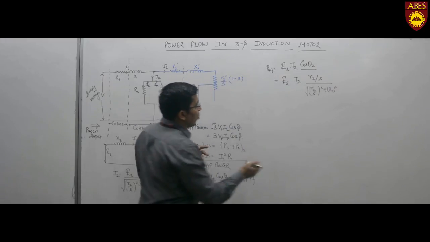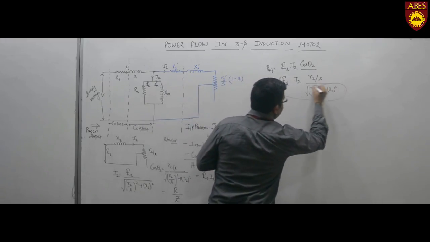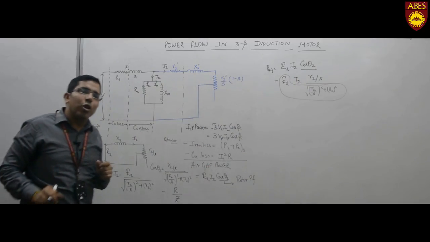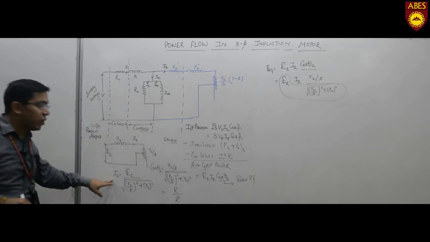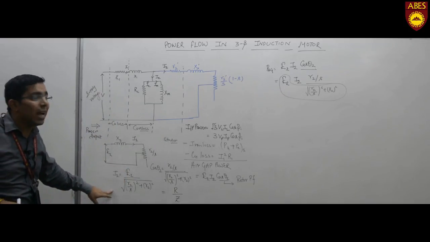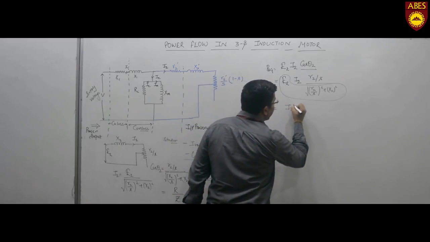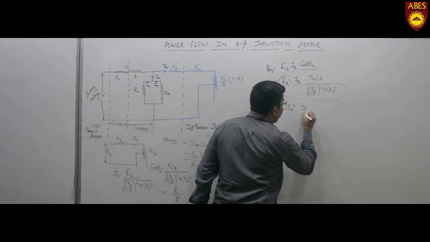Now this portion, E2 upon root of (R2 upon S) whole square plus X2 whole square, is what we have already derived as I2. That means it is I2 square R2 by S.